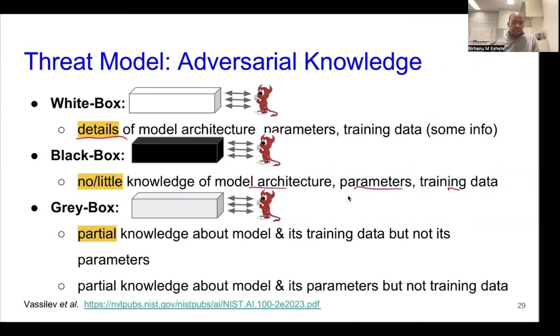In the gray box case, it's somewhere in between the two, but in general, we're talking about having partial knowledge about the model, its training data, etc. So these are the three broad classes of threat models based on what the adversary knows about the model, about the data, and other things around the data in the model.